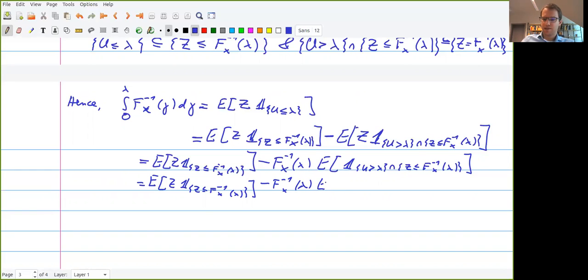So what is this? Well, this is nothing else than 1 minus the indicator function of u being less or equal than lambda, right? Times, or we have here the second indicator function, z being less or equal to the inverse of x given lambda. Right.